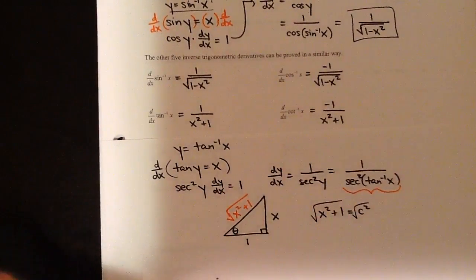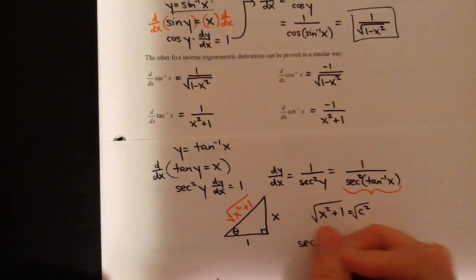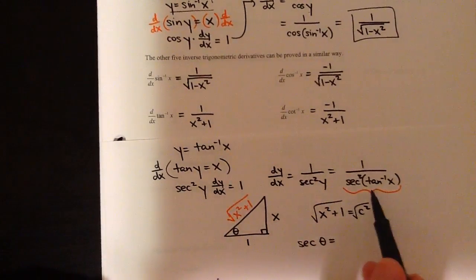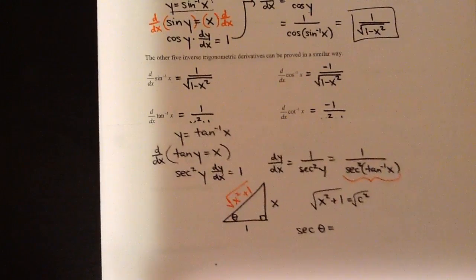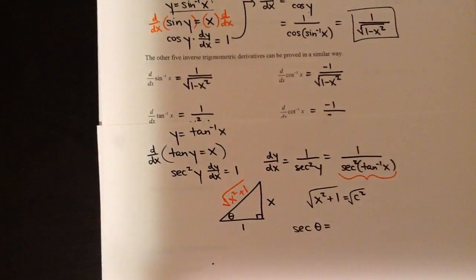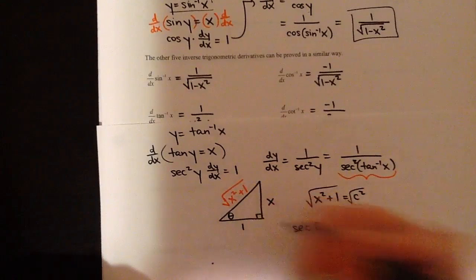All right, so I'm actually, believe it or not, just about there. I just need to know what the secant is. So the secant of that angle, which is the angle that has a tangent of x, secant is the reciprocal of cosine. So if the cosine is adjacent over hypotenuse, the secant would be the hypotenuse over the adjacent.